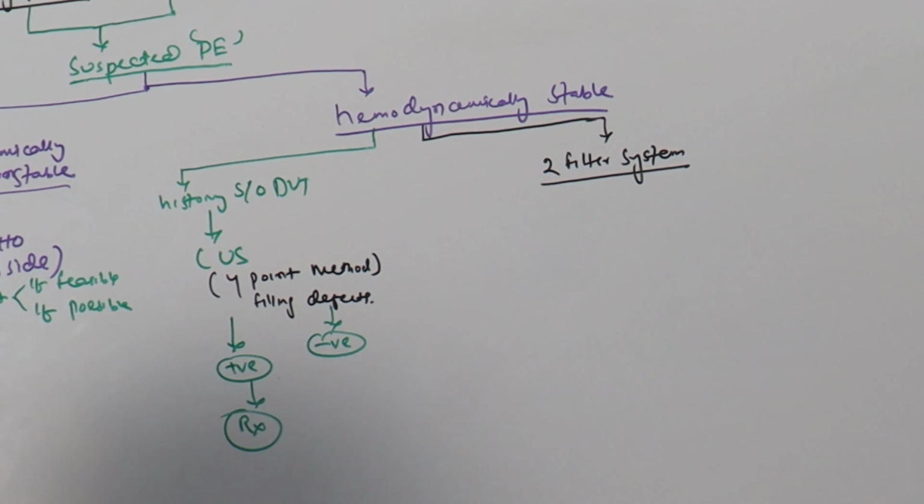One is low risk, and the other is high risk, and low risk also includes intermediate risk. So divide it into low-intermediate risk and high risk.